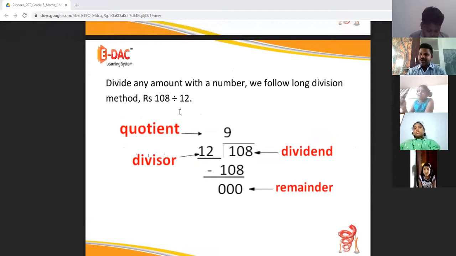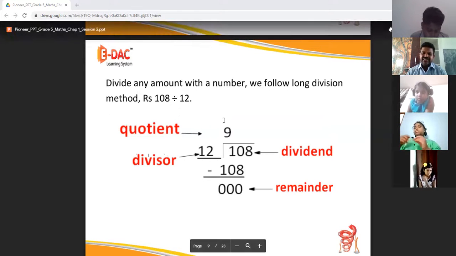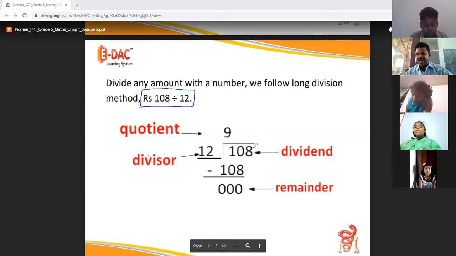Here 108 is divided by 12. You just divide 108 by 12. How many times does 12 divide 108? It is very easy when we are in a position to say all the tables.